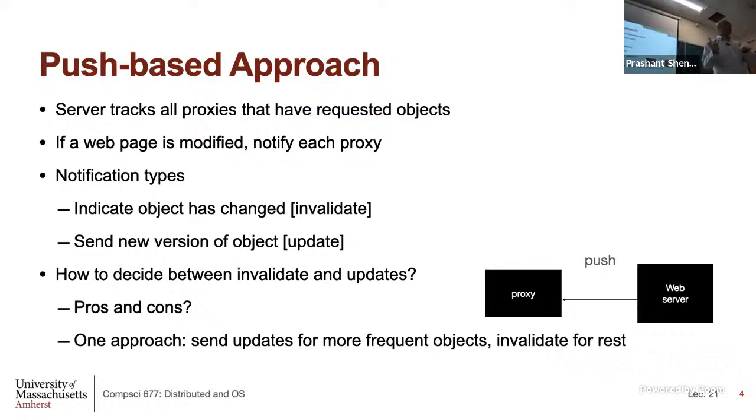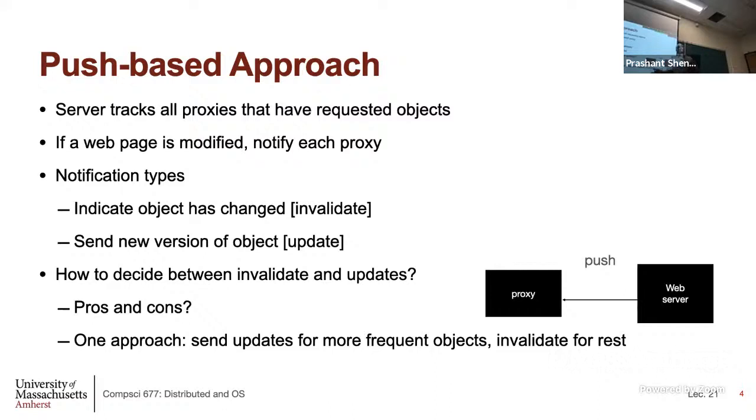Now the opposite is true for less frequently accessed content. If you send an update, you send a web page to the cache, but then you consume network bandwidth to save it, and maybe the web page is no longer popular. So it sits in the cache, but no user accesses it, and you just wasted the network bandwidth.